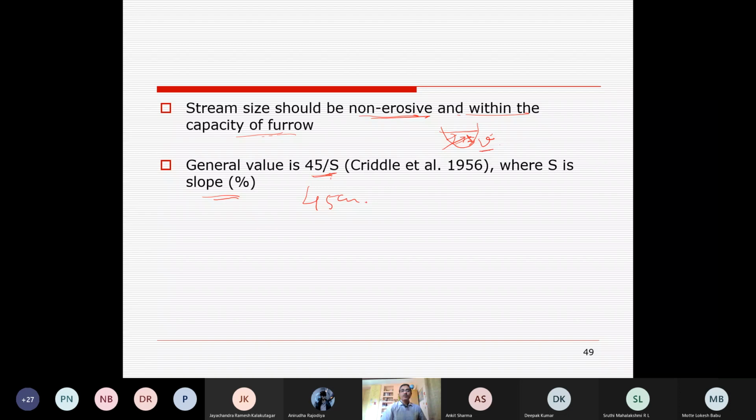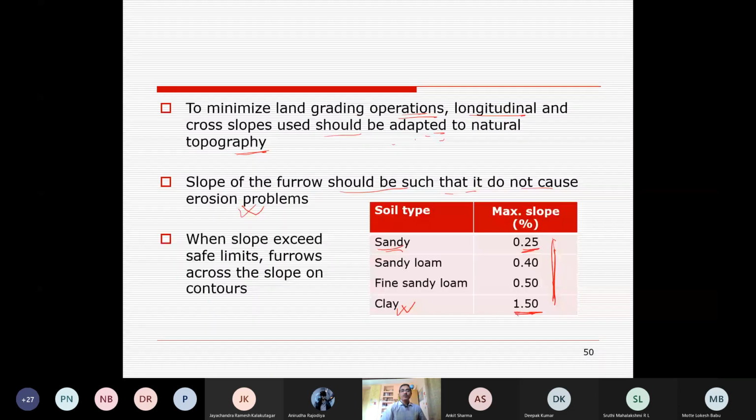If it is sandy soil, we can have a lesser slope. If it is clay, we can increase the slope. When the slope exceeds the safe limit, furrows across the slope on the contours create a problem of erosion and less availability of water. So this is the idea of furrow development.